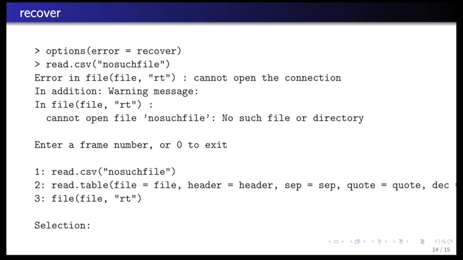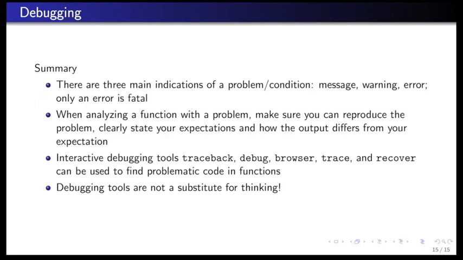Okay, so just to summarize really quickly, there are basically three main indications of some sort of problem or condition: the message, warning, and error, and of the three, only the error will stop execution of the function.